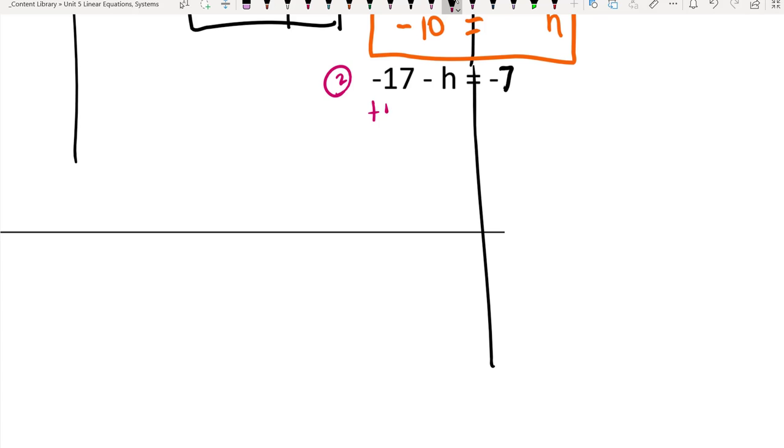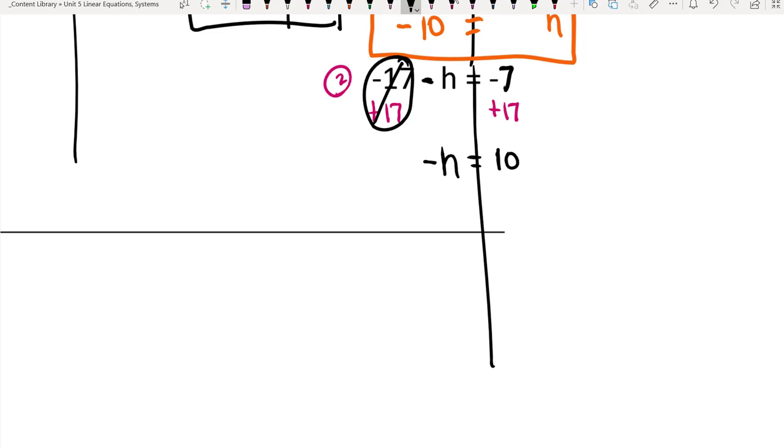So I'm going to add 17 to both sides, which means I'll be left with, this is where people get messed up. They drop that negative that's with your variable. And that's an easy mistake to make. So you have a negative h variable, and then on the other side of the equal sign you have negative 7 plus positive 17, and this is equal to a positive 10.